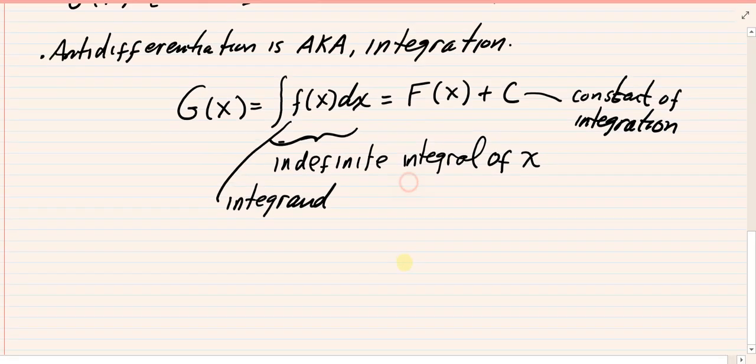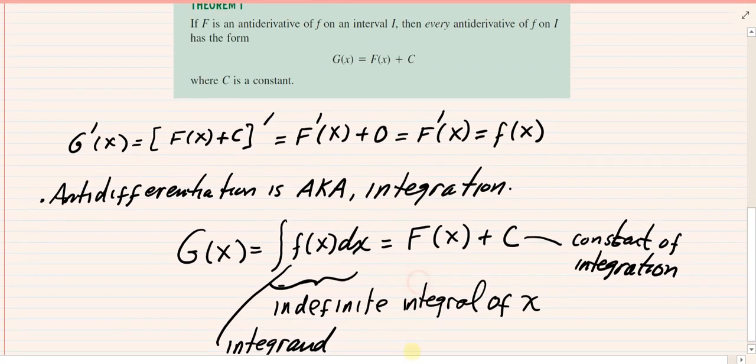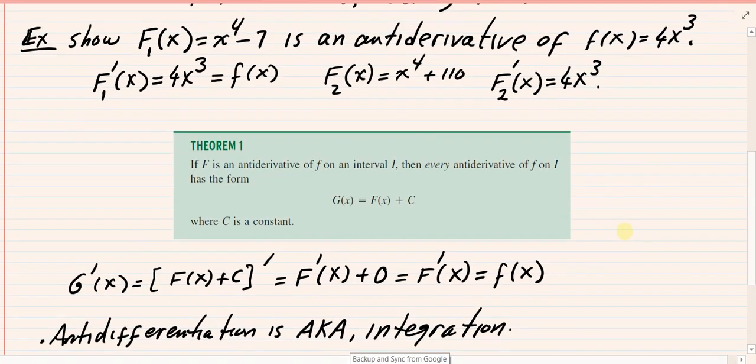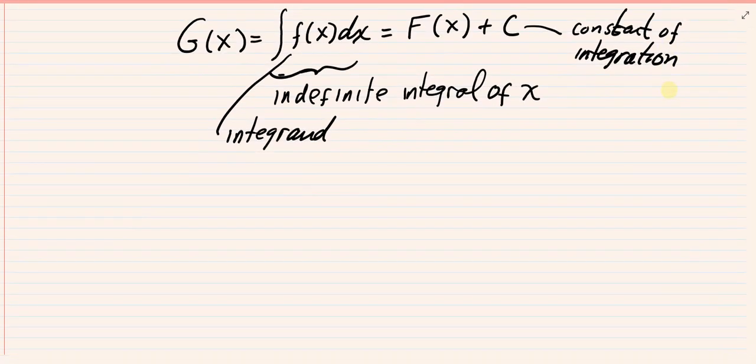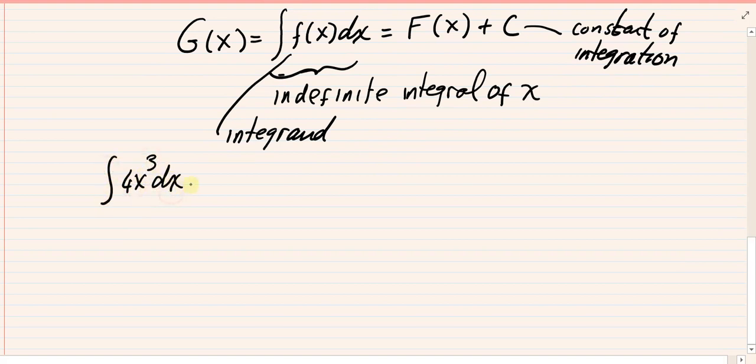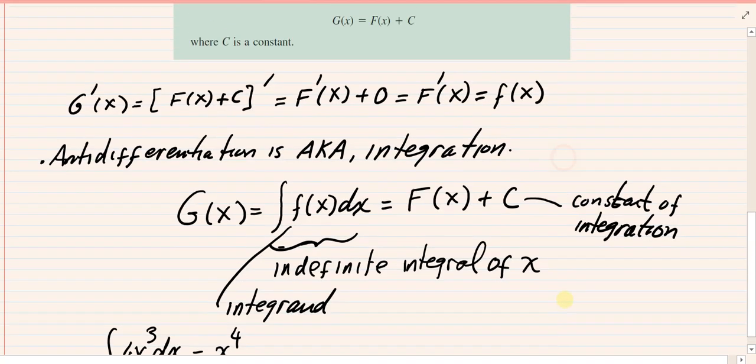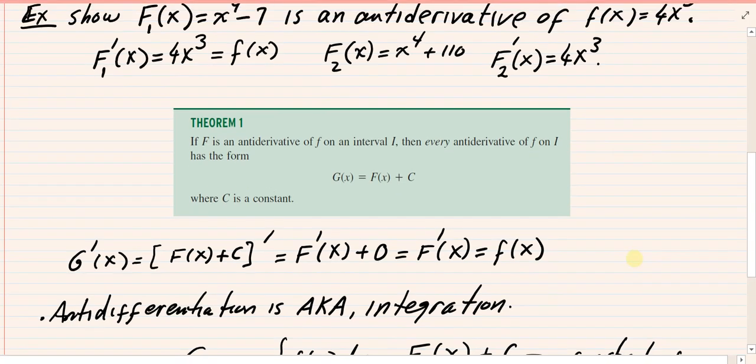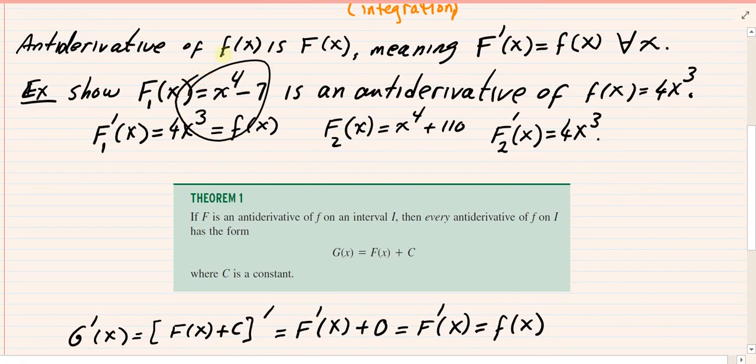So what I can do then, using this notation, the example that I made up, remember I have x to the 4 minus 7 was an antiderivative of 4x cubed, right? So I can say the antiderivative of 4x cubed with respect to dx in this case is going to be x to the 4th, that was this right in here.